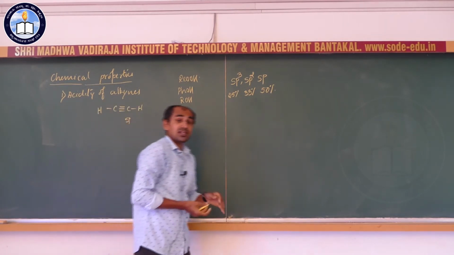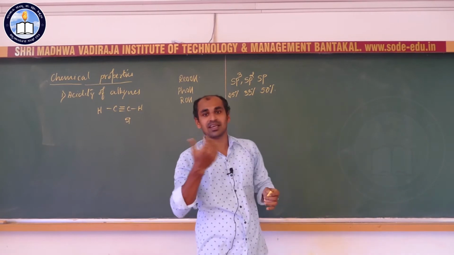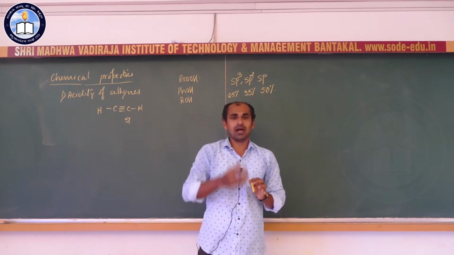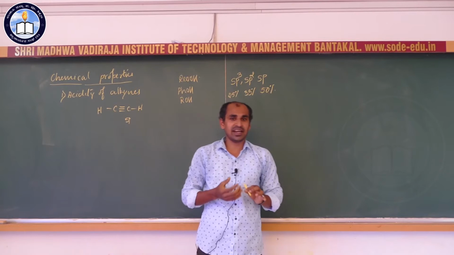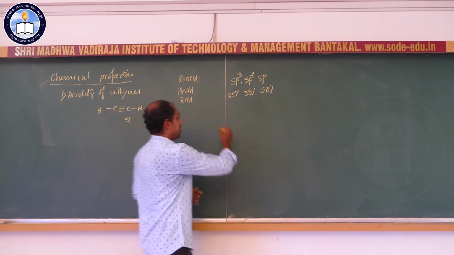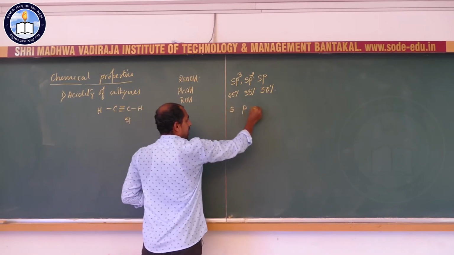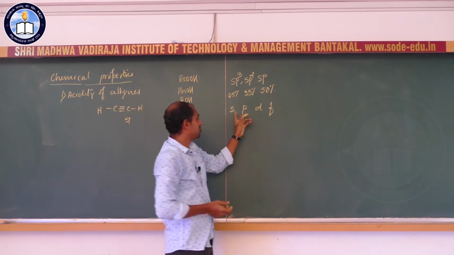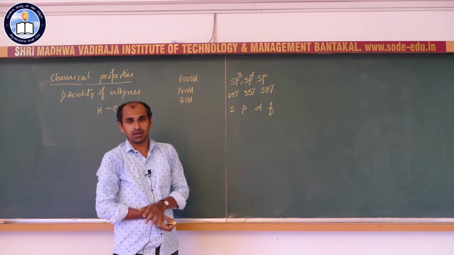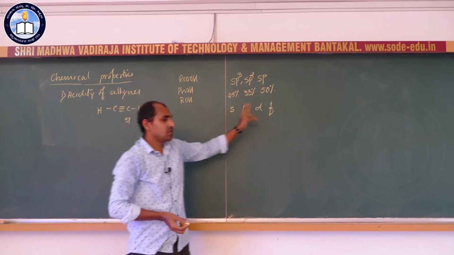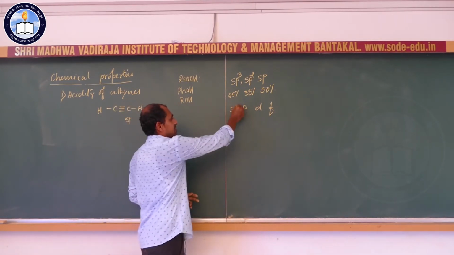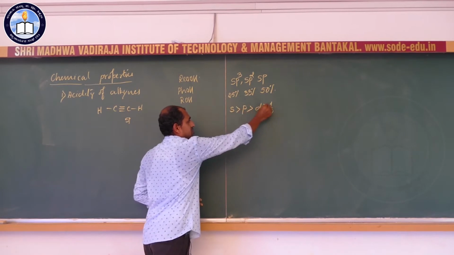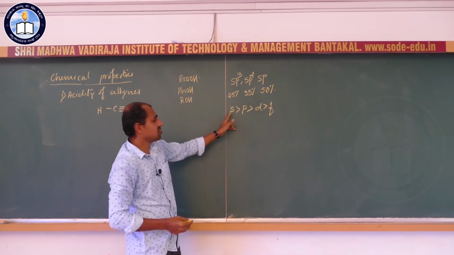What happens if there is a change in s character? So, you have studied about the penetration power of different orbitals. We have 4 important orbitals, they are s, p, d and f. Among these 4 orbitals, the penetration power of orbitals towards the nucleus is in this order.